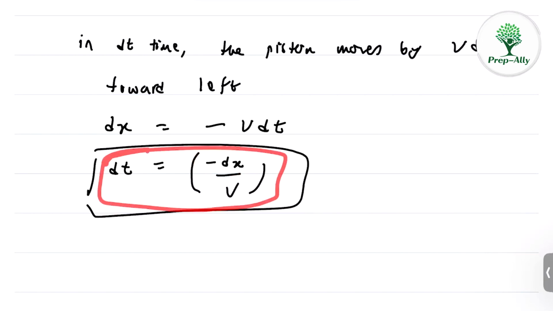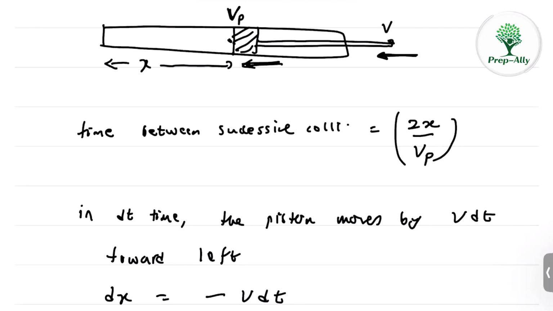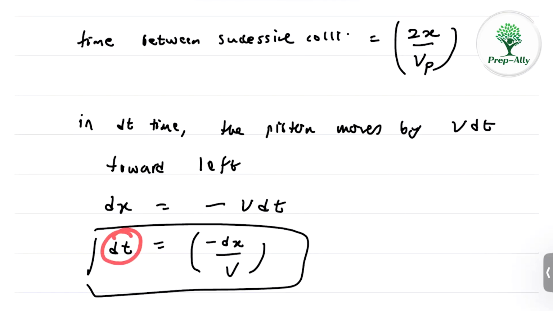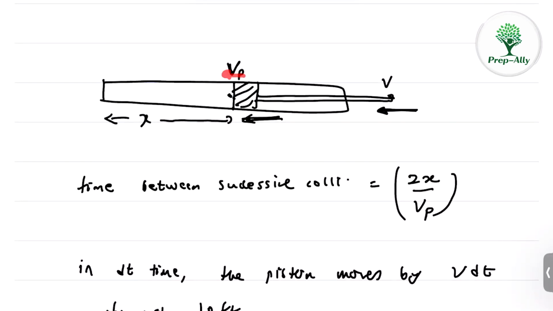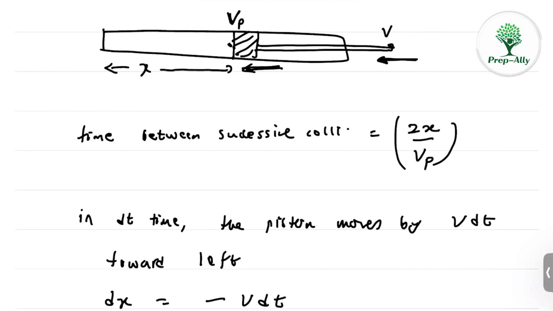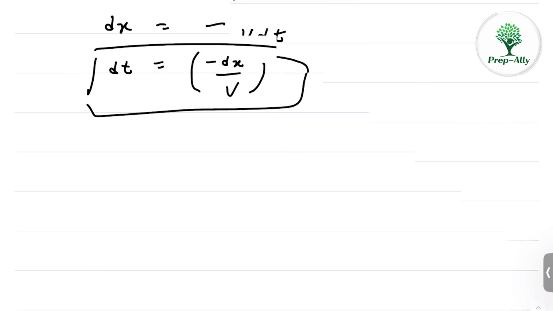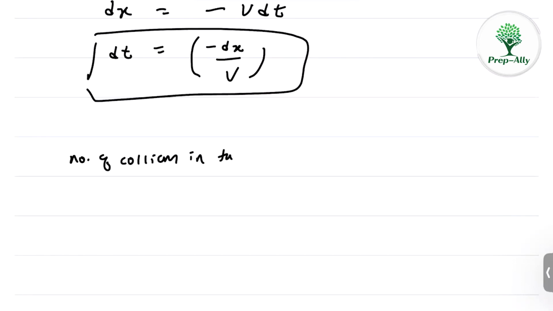But as I said, this time is much, much more than this time according to the question. Which means in this dt time, in which the piston goes towards left by just dx, the particle has gone back and forth so many times. So how many collisions have happened? The number of collisions in this dt time is equal to this time dt, which is minus dx by v, divided by the time for one collision.